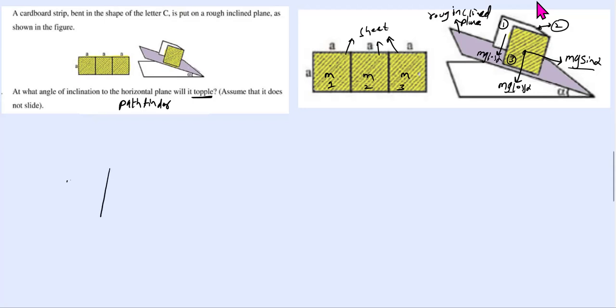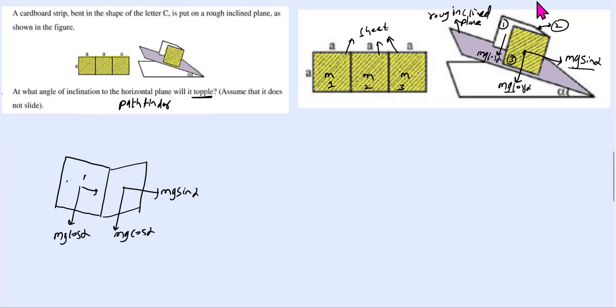This will be sheet 2, and this is our inclined plane. For sheet one, I'm showing it here.